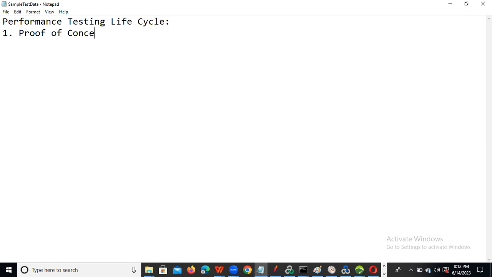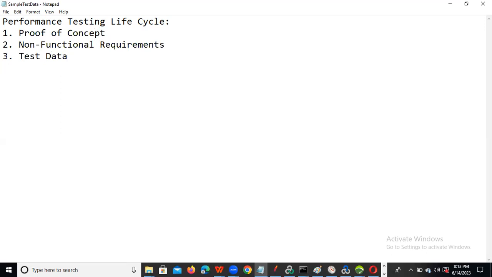In the performance testing life cycle, the first point is proof of concept. The second point is non-functional requirements. Actually, is performance testing functional testing or non-functional testing? Non-functional testing. Yes, very good.